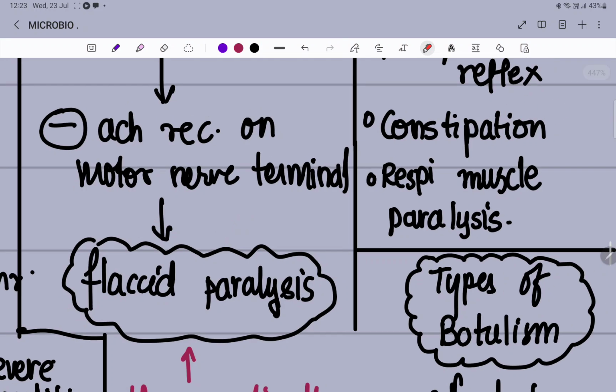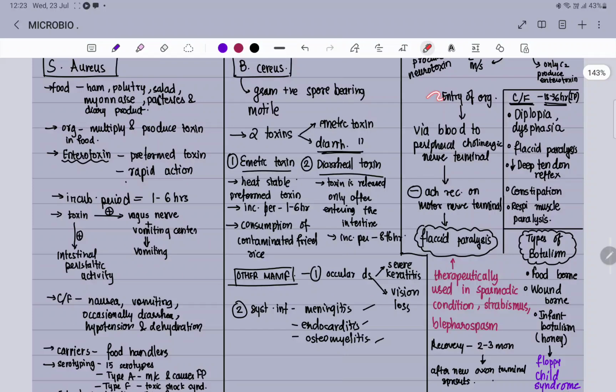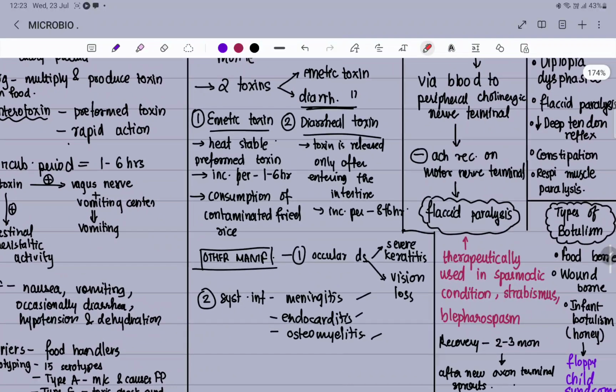So just a few steps to learn: first, entry of the organism via the blood; it then enters the peripheral cholinergic nerve endings, inhibits the acetylcholine at the motor nerve, and that causes flaccid paralysis.